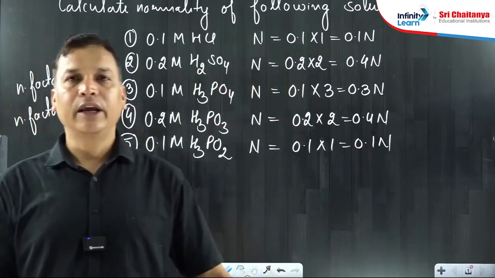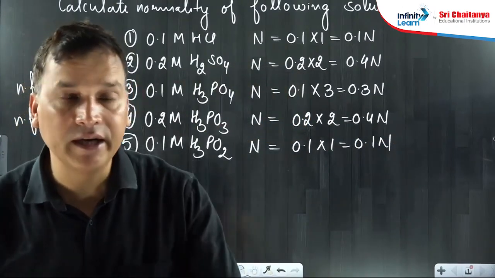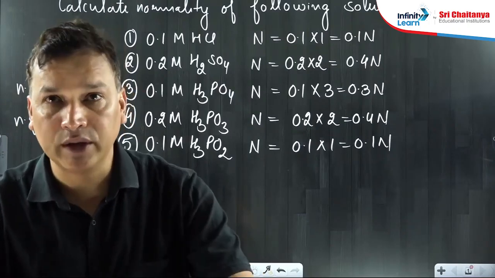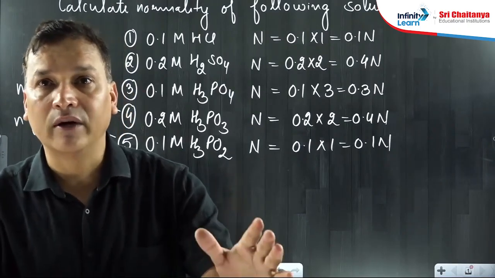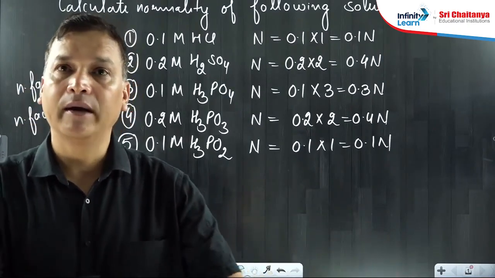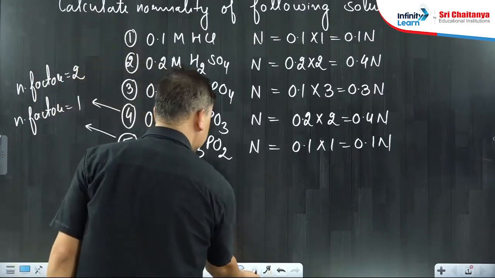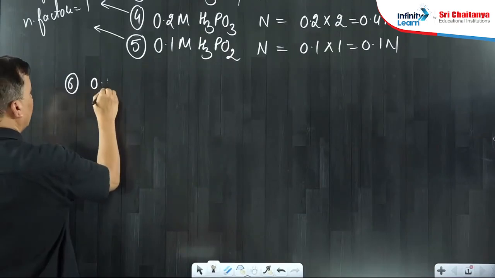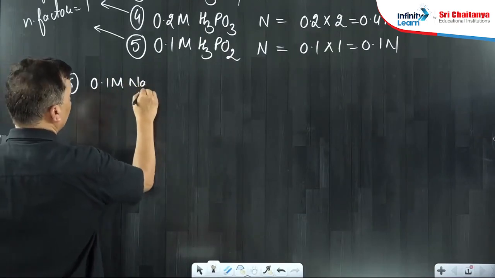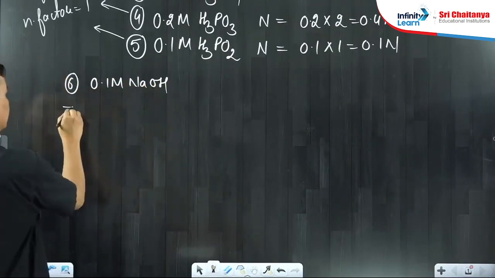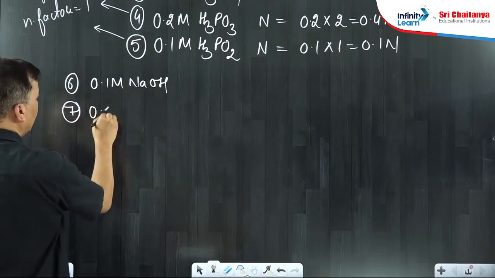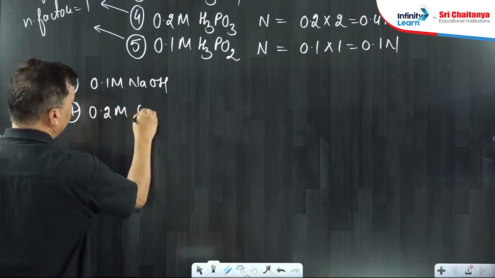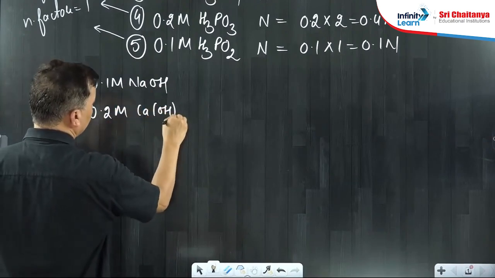So dear friend, if we are provided with the molarity of a particular solution, we can convert that into the normality. I am writing for bases also. The sixth one is 0.1 molar NaOH. The seventh is 0.2 molar calcium hydroxide.